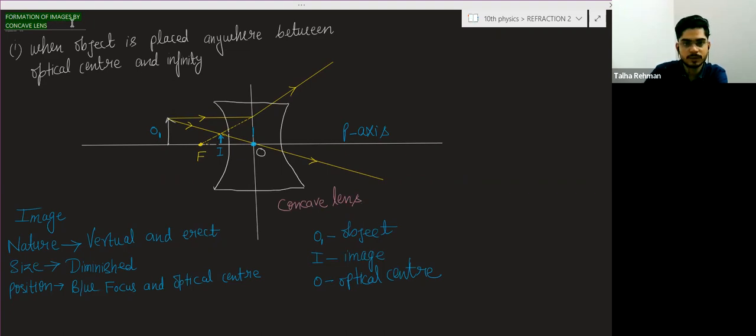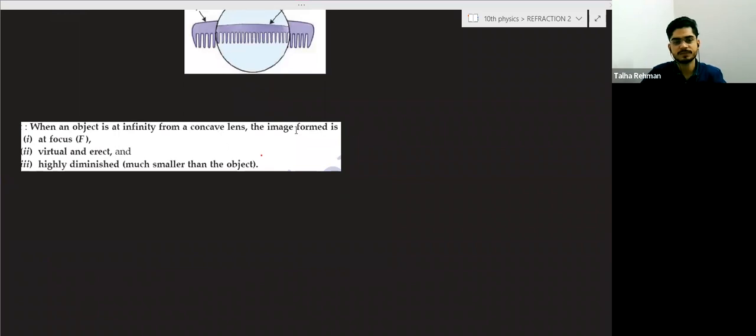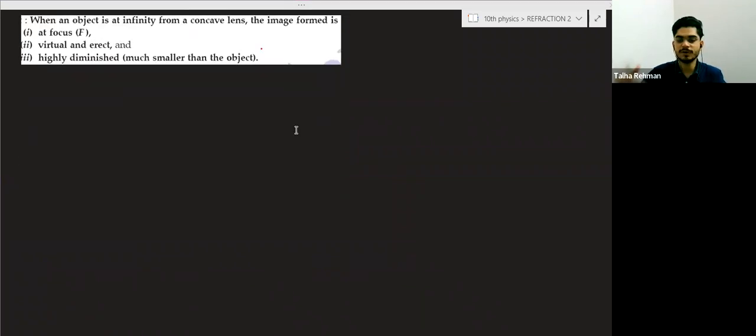So this is your object, this is your image, and now complete this. So this is all about the image formation by the concave lens. There are only two cases we have.